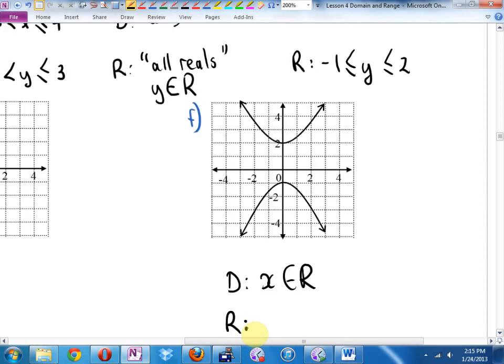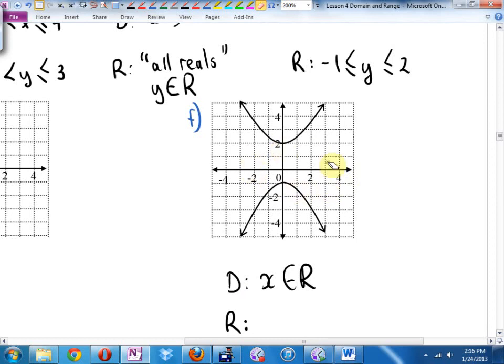How high does this graph go? Right here, how high is it going to go? Say it louder. Positive infinity. How low is it going to go? Negative is down, right? How low is it going to go? Is it using up every single value, or is there kind of a gap in the middle here?